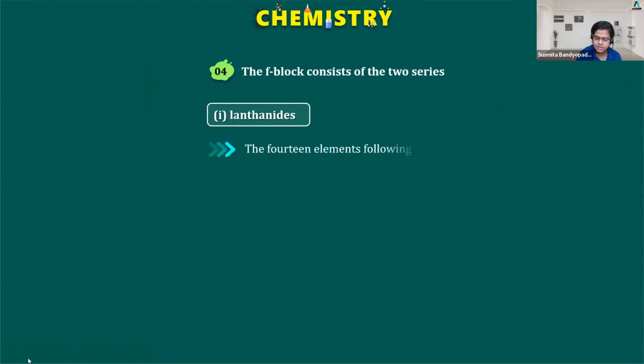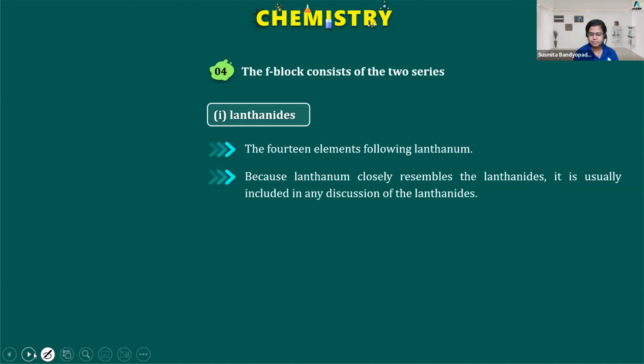There are two series, lanthanides and actinides. Fourteen elements form the lanthanide series. Why this name?